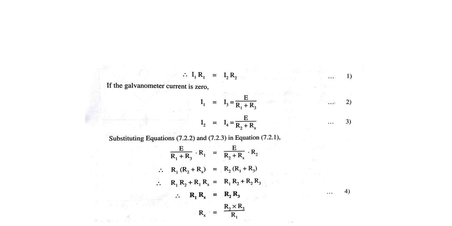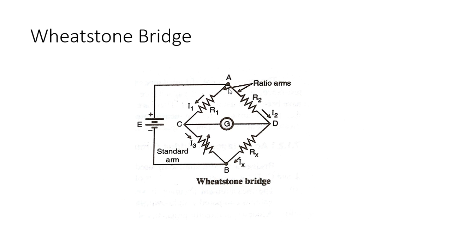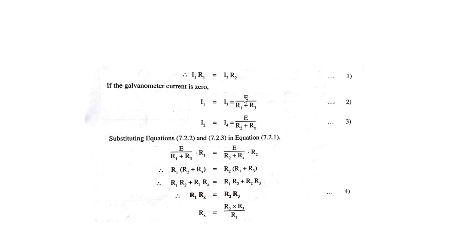It is written over here: I1 R1 is equal to I2 R2. Why I1 R1? Because we are considering that the potential at point AC and the potential at point AD are equal, so I can write I1 R1 is equal to I2 R2.